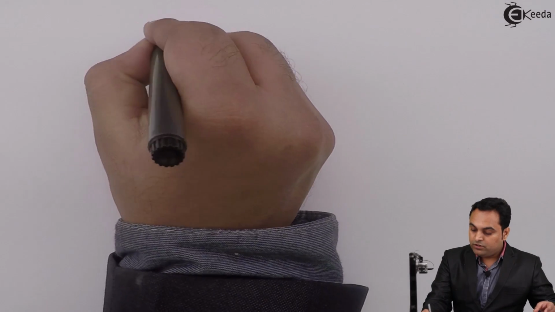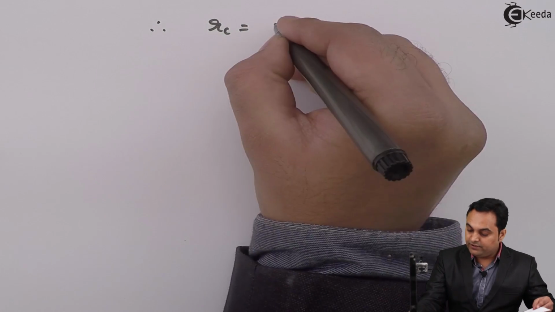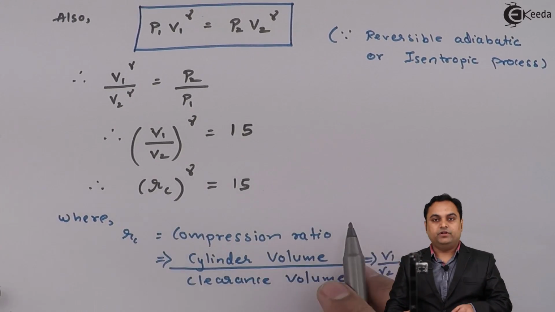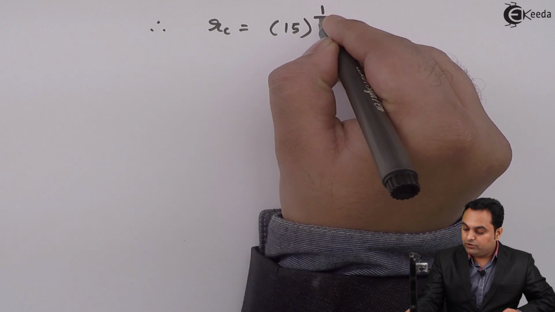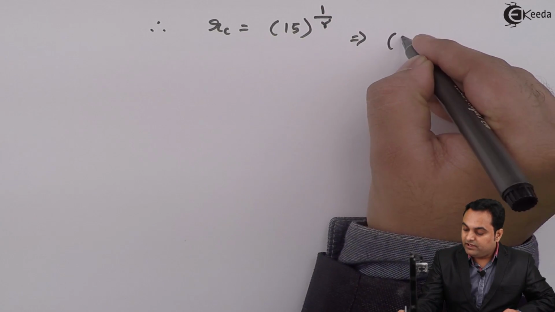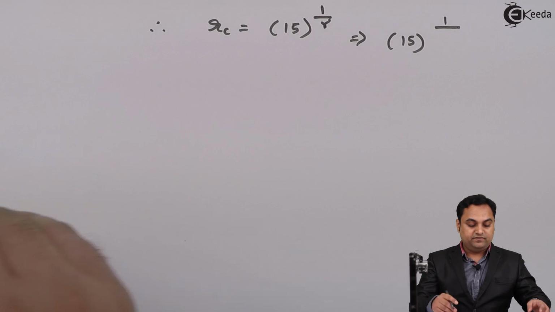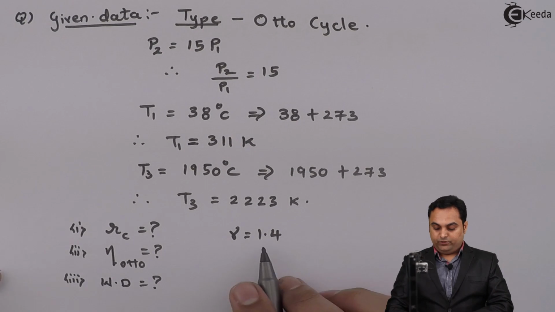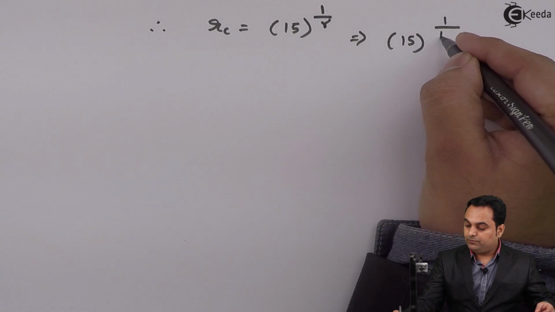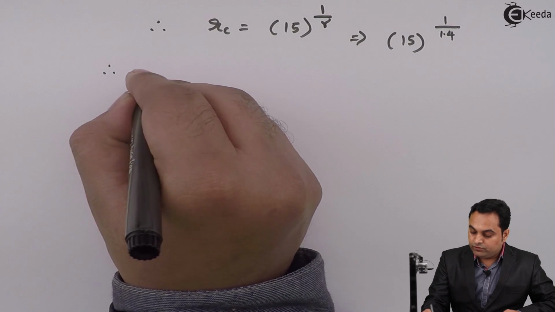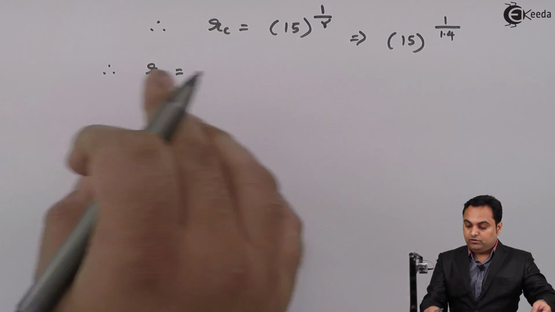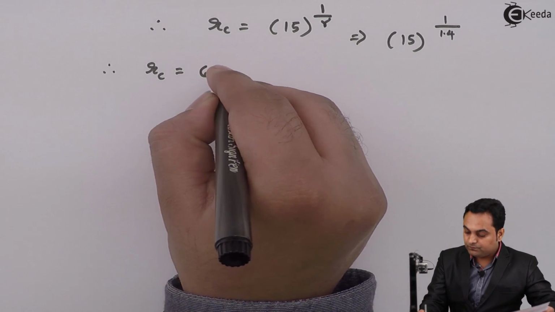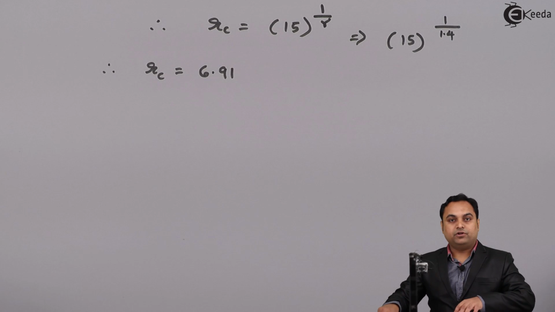So RC will be on one side and here I will have 15 raised to, now this gamma when it goes onto the other side becomes 1 upon gamma. Gamma is given for air in the question as 1.4, so it is 1 upon 1.4. Therefore the value of RC on calculation will be 6.91, and this will be the first answer for us.